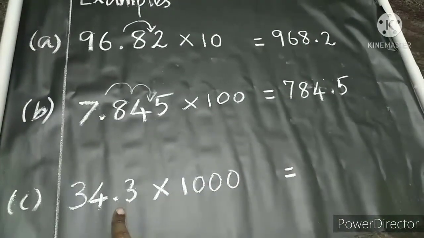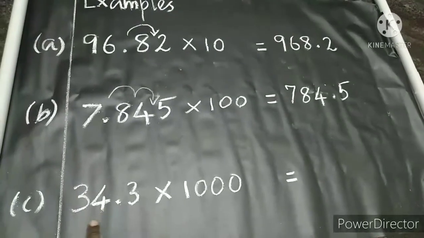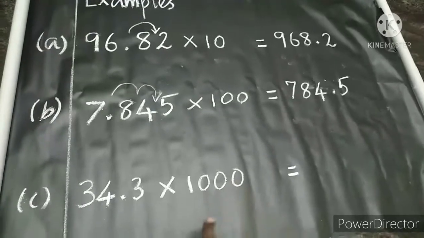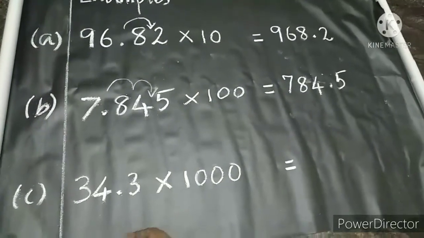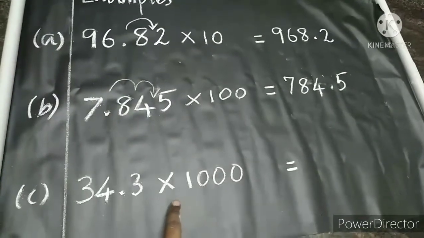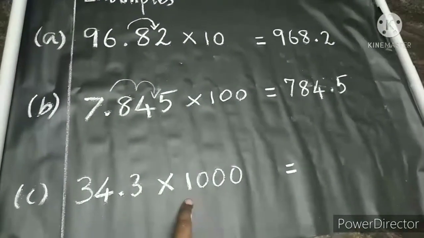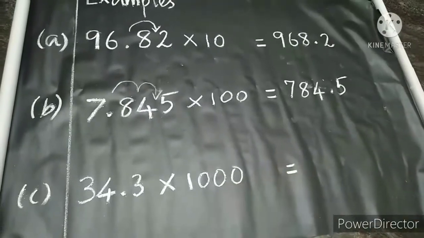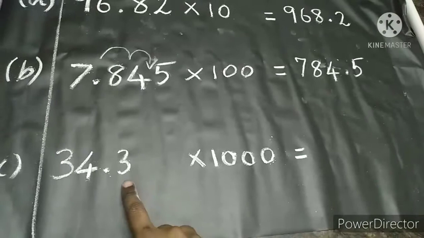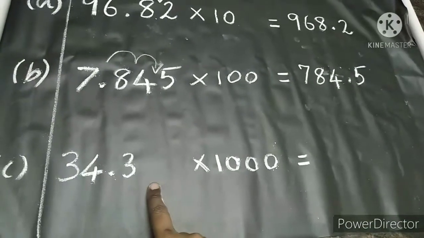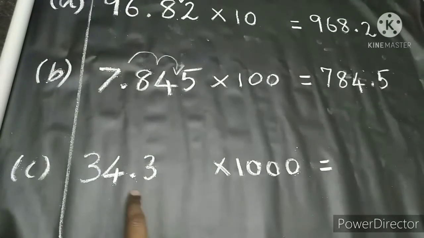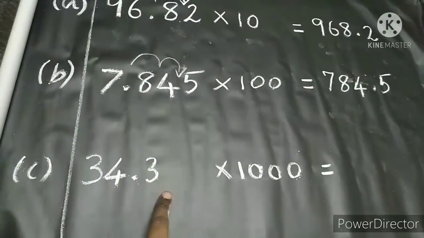Third problem. Multiply 34.3 by 1000. Here we have to multiply 34.3 by 1000. Here the 1000 has three zeros. So we have to move the decimal point three places to the right. Look at the number here, 34.3.